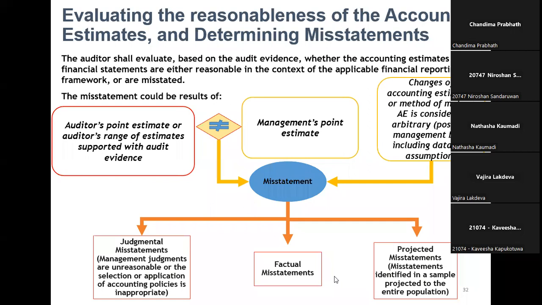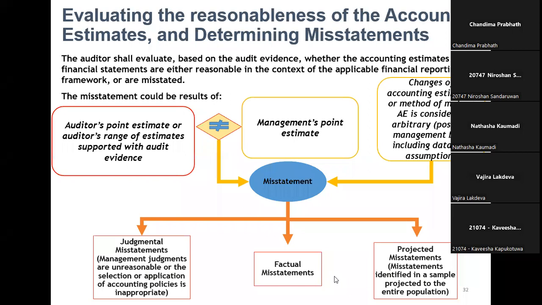Revenue is overstated by 100 million, which is a factual misstatement, and you need to reverse that revenue. There is no doubt; if it is material, the management has to correct it. Those are called factual misstatements.